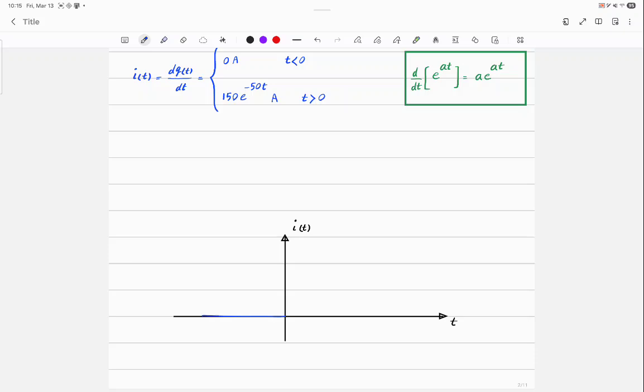The start of the interval is what value? 0, right? Plug in 0. What's the value of the current? 150. If t goes to infinity, what happens to the exponential? Goes to 0, right? It dies.